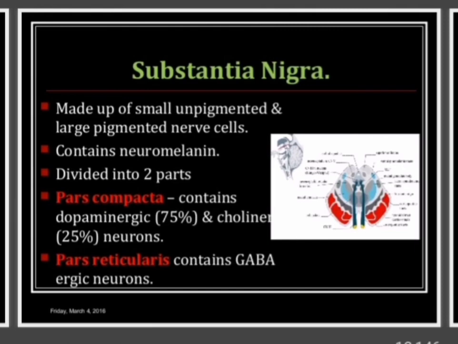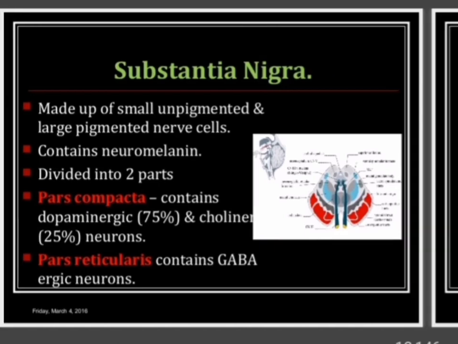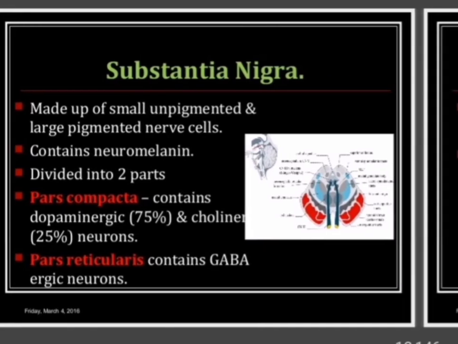Substantia nigra is very much important, made up of small unpigmented and large pigmented nerve cells. Looking at the figure, it contains neuromelanin and is divided into 2 parts. Pars compacta contains 75% dopaminergic and 25% cholinergic neurons.